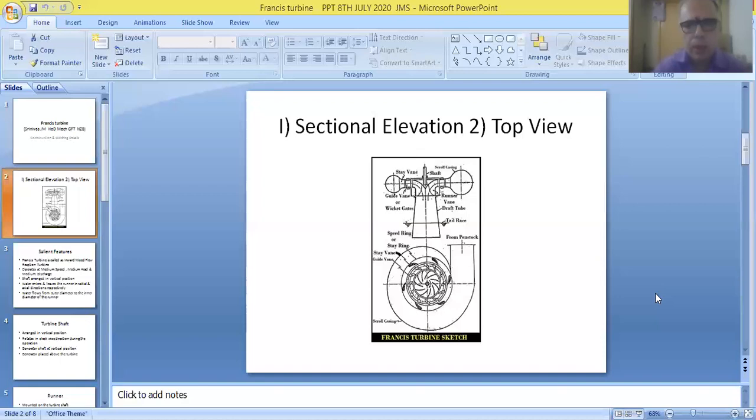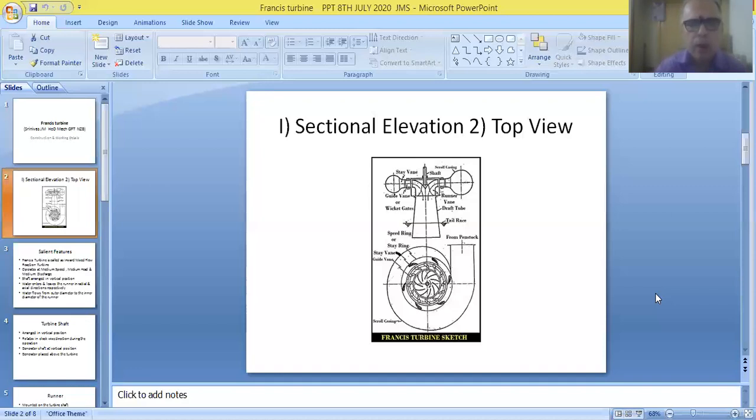The shaft of this Francis turbine will be rotating in clockwise direction. When the turbine is in a running condition, the shaft will be continuously rotating in clockwise direction. And secondly, a rotating disc is mounted on the shaft of the turbine.